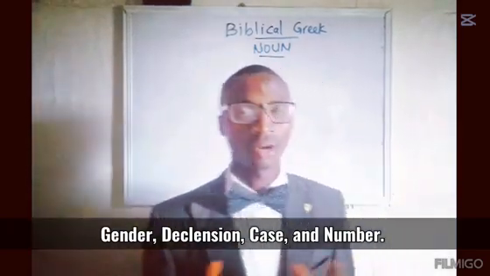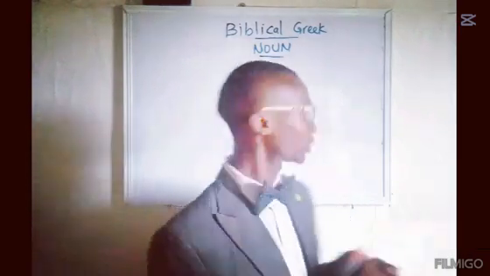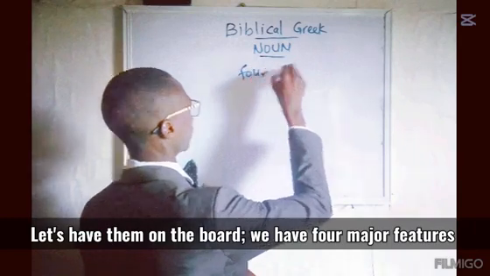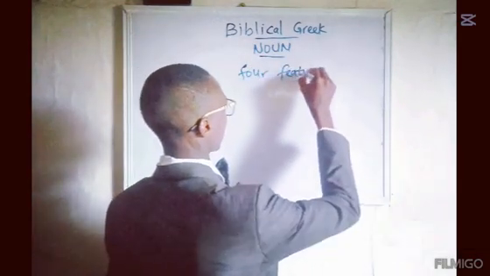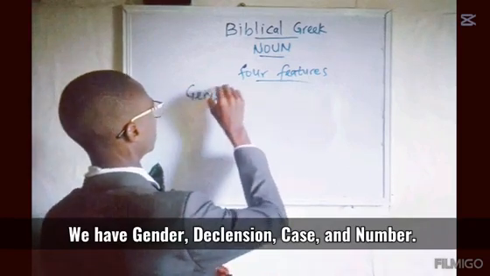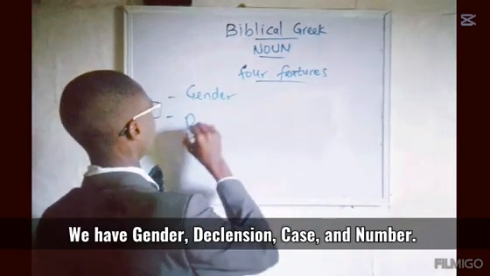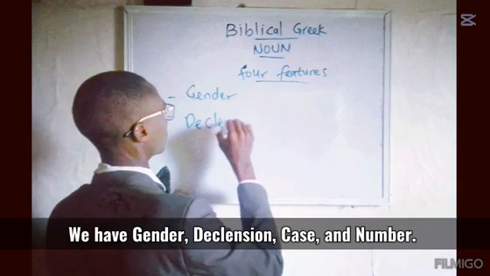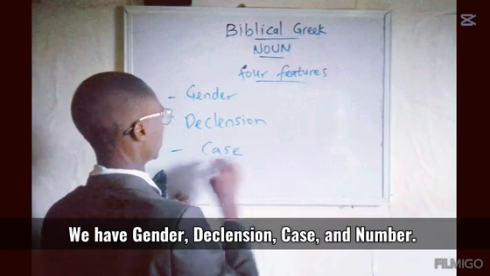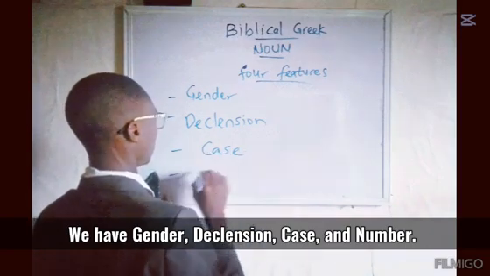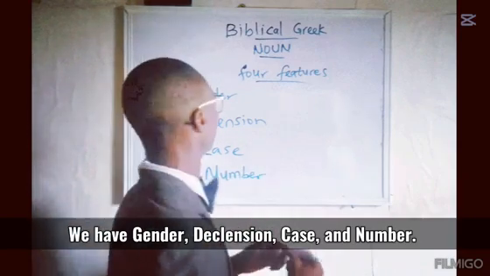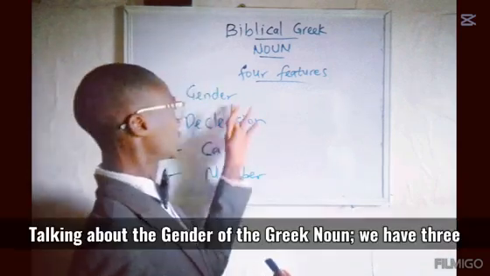Now, we have four features of nouns: gender, declension, case, and then number.